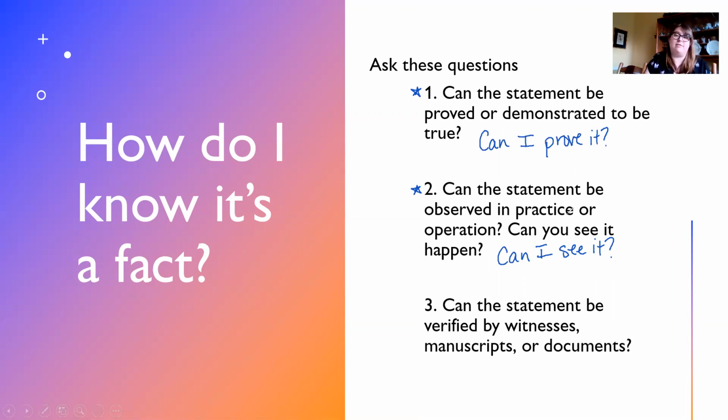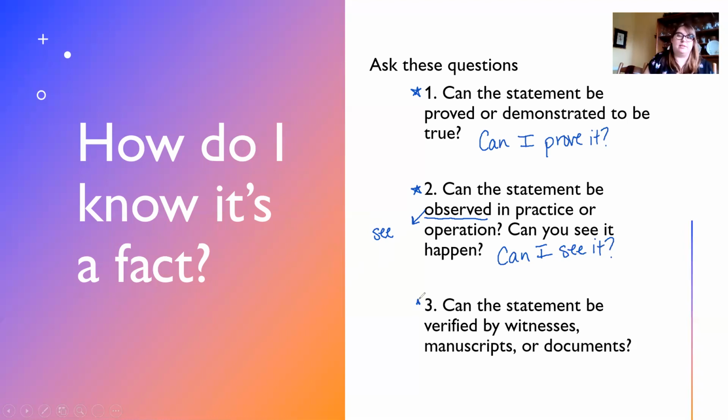We can prove that fact through observation, which just means it is something that we see. So it can be something observed in practice, meaning that you see it happening or you see it working, or in operation. So when things are operating, we want to think like a machine. That's what we talk about when we talk about operations. So we say, number 1, can I prove it? And number 2, can I see it?